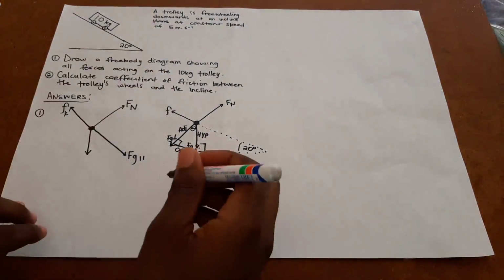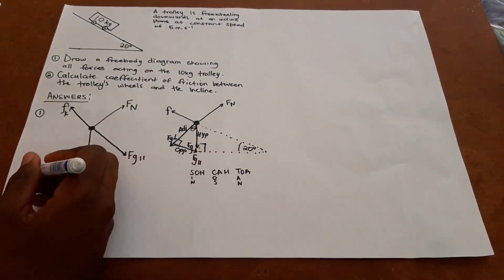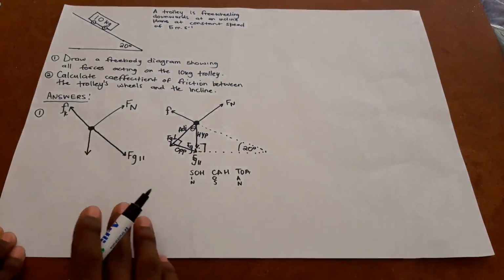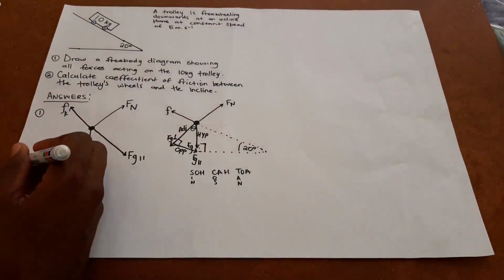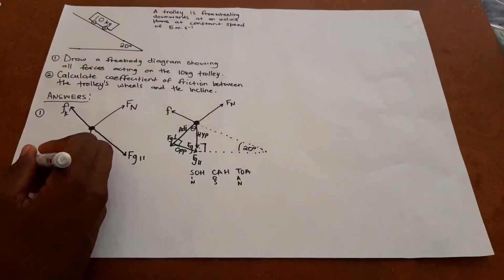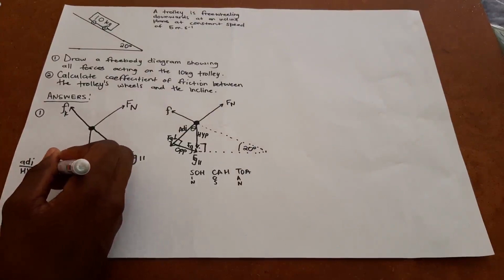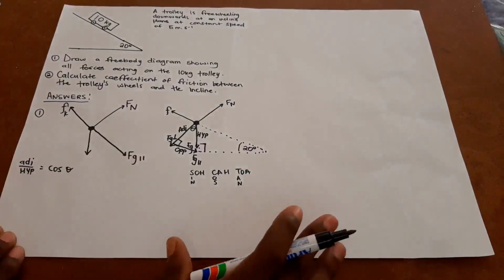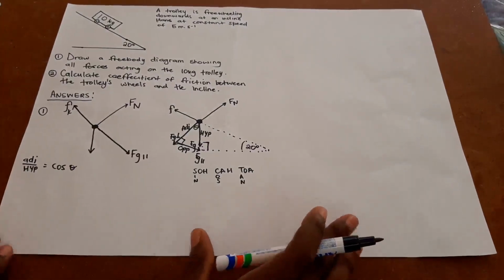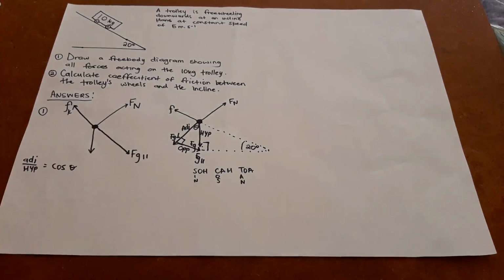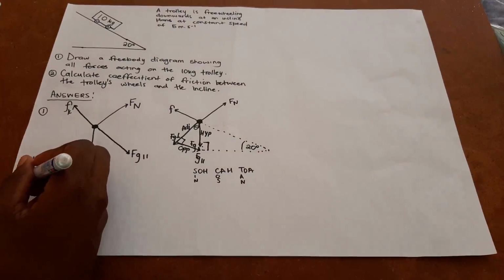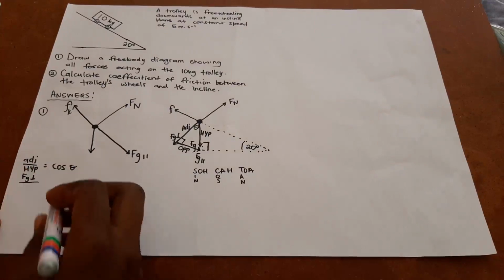So we have now here, hope you can see if I write there, adjacent over hypotenuse is equal to cos theta. So the adjacent side is FG perpendicular over, what's the hypotenuse side?